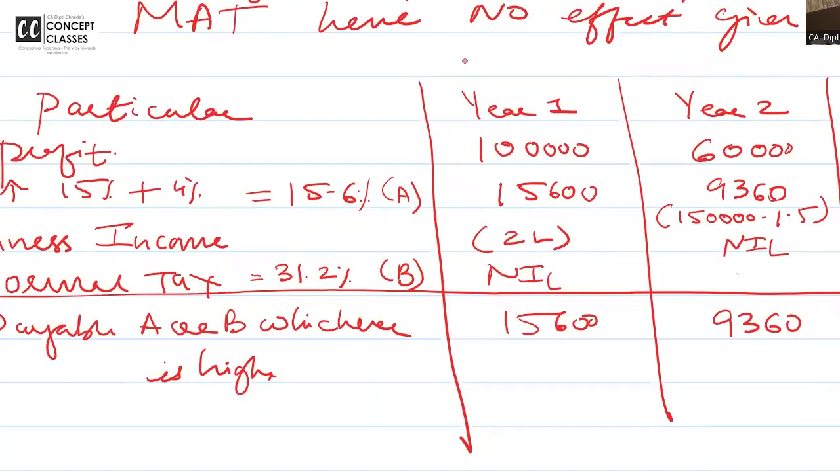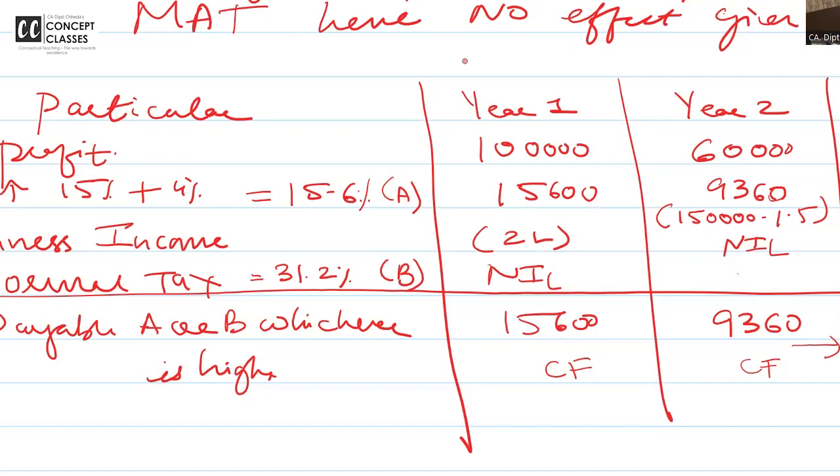Here, 15,600 is your MAT, which is carried forward. Here, 9,360 is carried forward. Suppose your regular tax is coming 31,200 and your normal tax is also 31,200. Now, question asked by you, Krishna Mohan, is can we set off this? Here, answer is yes. But set off is allowed only till normal tax. And here normal tax is also 31,200. So you will not set off.